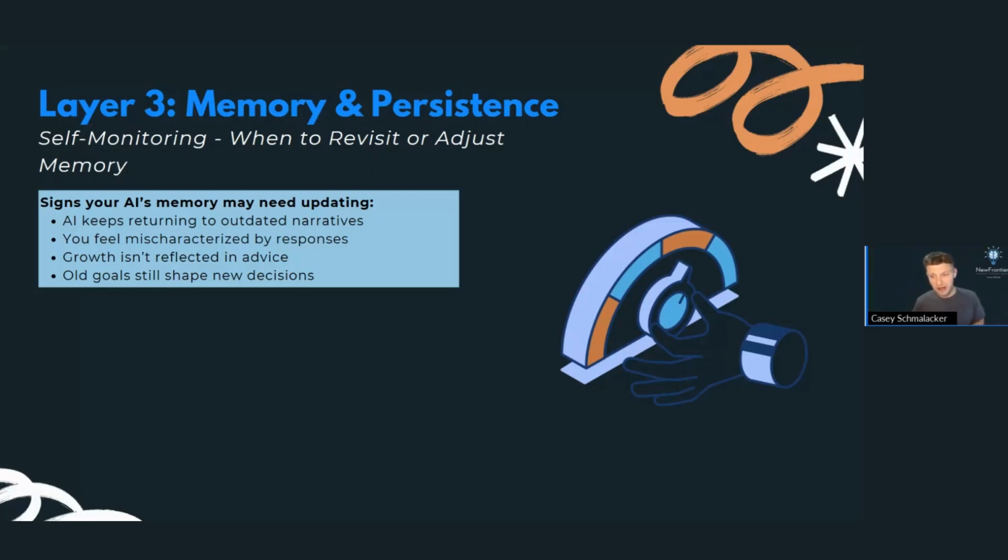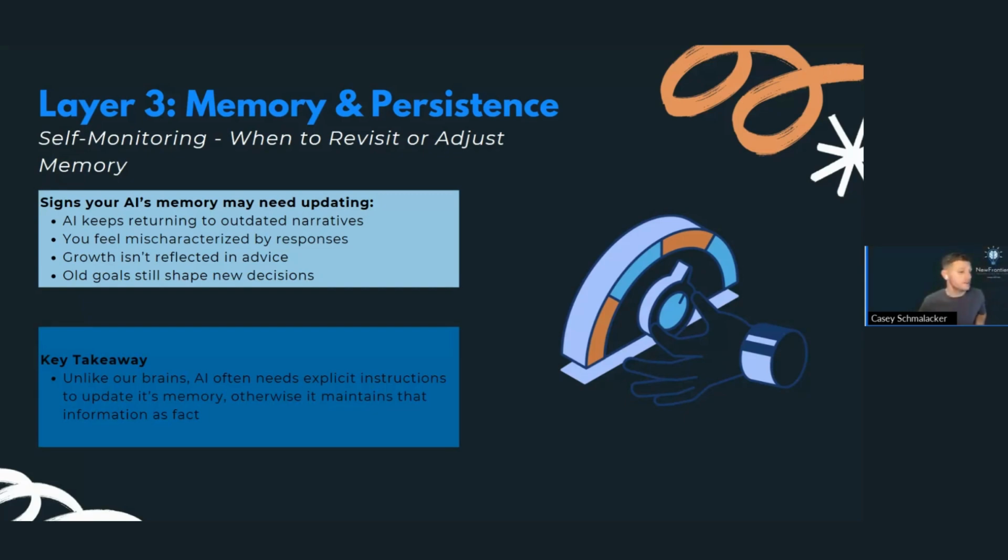Another sign is if growth isn't reflected in advice, or old goals still shape new decisions. Or you think, wait, where did you come to that outcome? It feels like there are a lot of assumptions in here. So let's clarify: did you base this response on some memories? Please share them so we can see if they're still accurate.